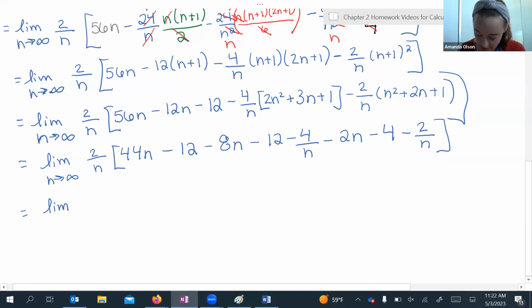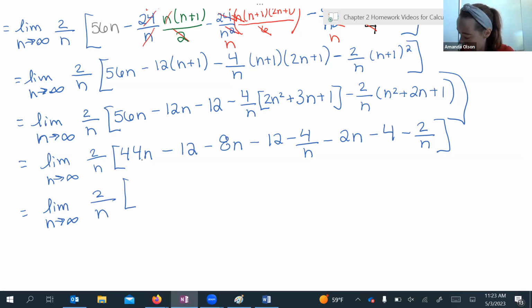From there, this becomes the limit as n goes to infinity. Well, I guess we could combine like terms and then distribute. Kind of just getting to the end, just kind of finish everything. 2 over n. We have 44n minus 8n minus 2n.